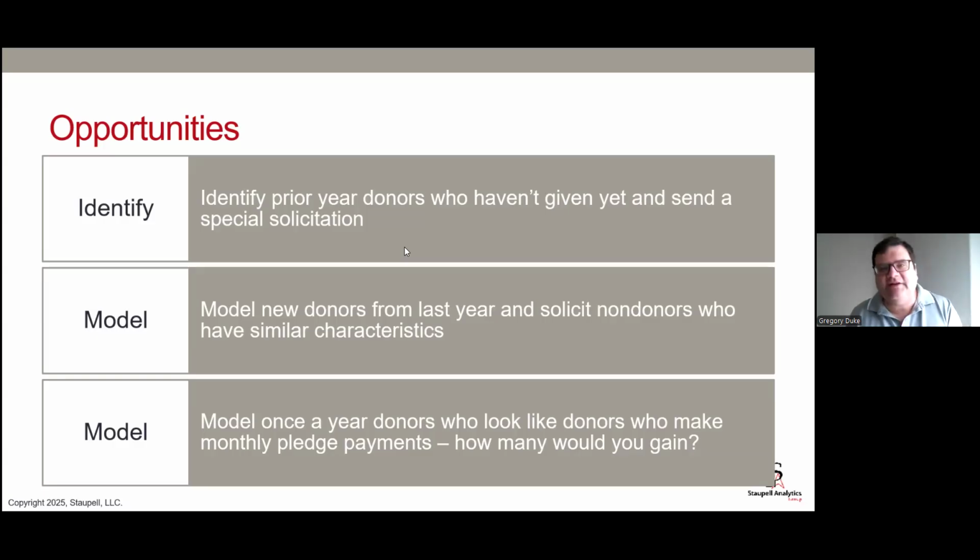And you can also look at things like age, or people who use more technologies and people who are connected to your social media. Are they people who are giving monthly? And would other people who interface a lot with technology and are in that age bracket be interested in monthly giving?